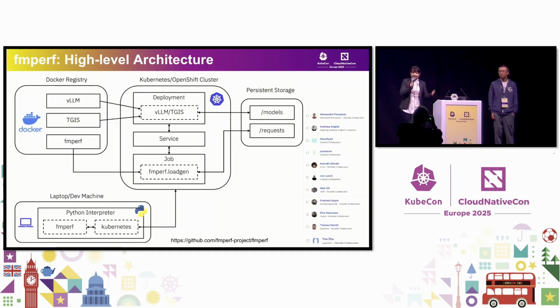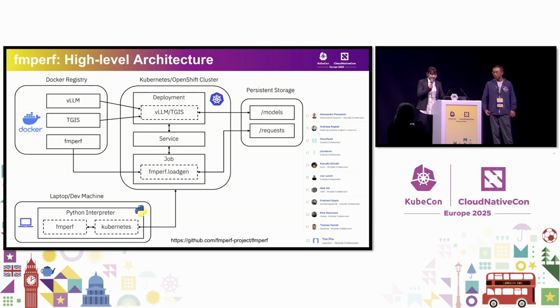So this is the high-level architecture of Fmperf. Basically, you have a module called the Fmperf library, which you can use in a simple Python script to configure what server you want to benchmark, what types of load tester you want, and how long you want to run the experiment.